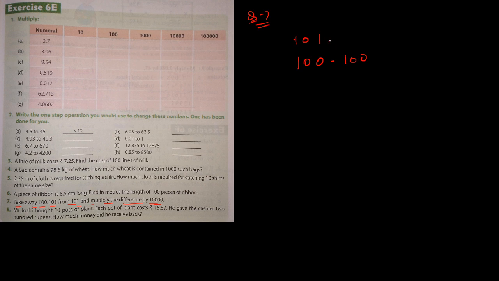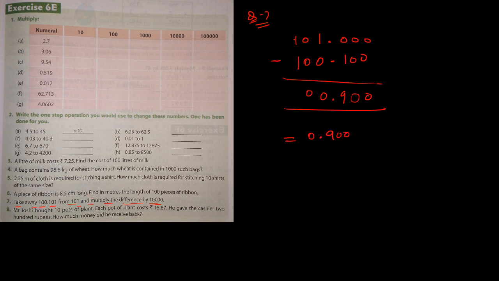Now you have to write 0.000 here because there are no numbers after the decimal. So now subtract it. 0 minus 0 is 0, 0 minus 0 is 0. Now it will carry 1, it will become 10. 10 minus 1 is 9. Now here is 0, 0 minus 0 is 0. So what is the answer? 0.900. This is the answer.